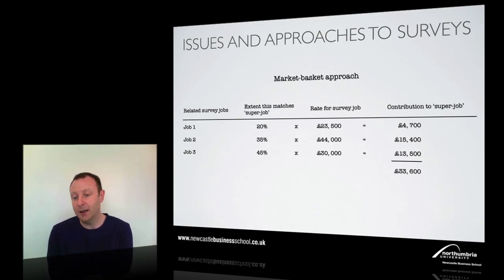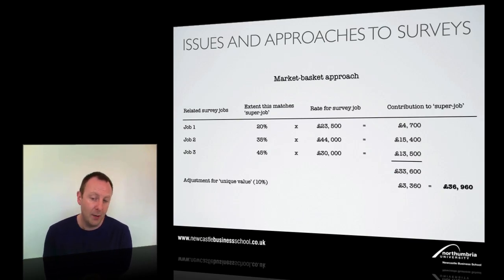We add them all together, and that gives us an overall rate for that job. Although we might also want to think that, well, perhaps this job, because it's a unique set of characteristics, which maybe makes the job holder more valuable, and so therefore it should attract maybe a premium. And so we calculate what that premium might be because of the uniqueness of this job, and we add it onto the bottom, giving us an overall market rate of pay for this job.